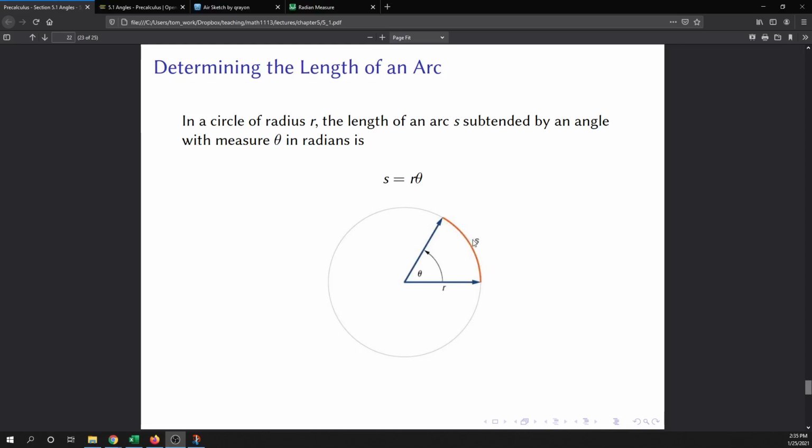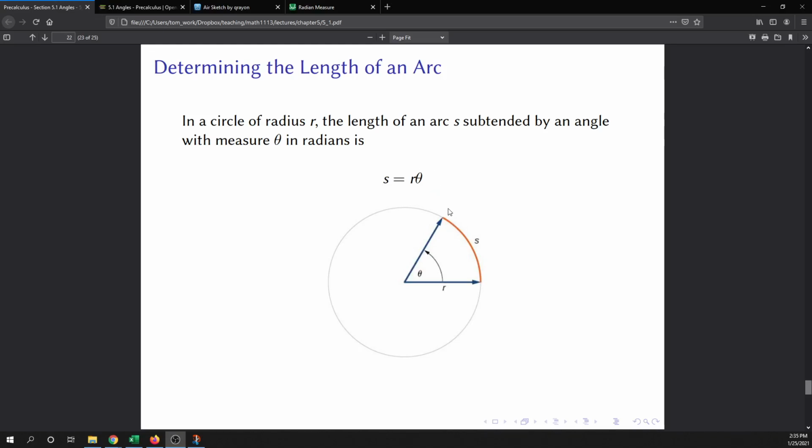And then the radian measure, right, was we took this length of this arc and divided by the radius, okay? And so this formula, S equals R theta, just comes straight from that definition of radians.